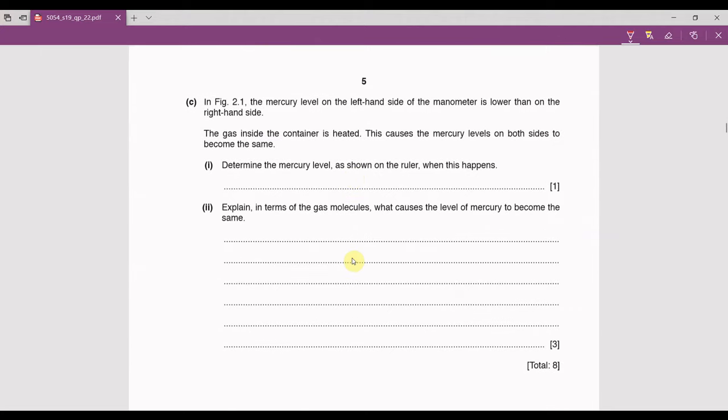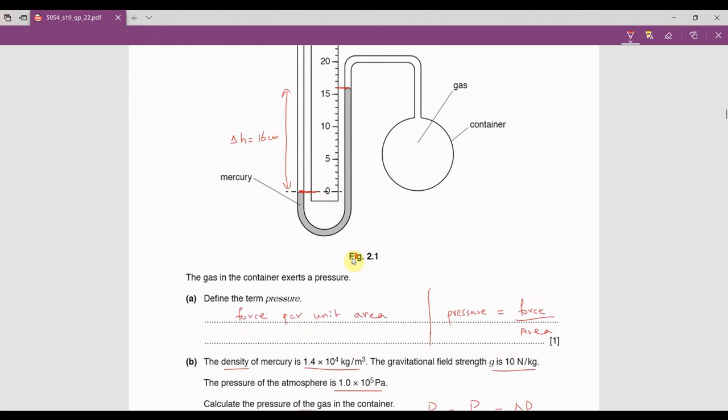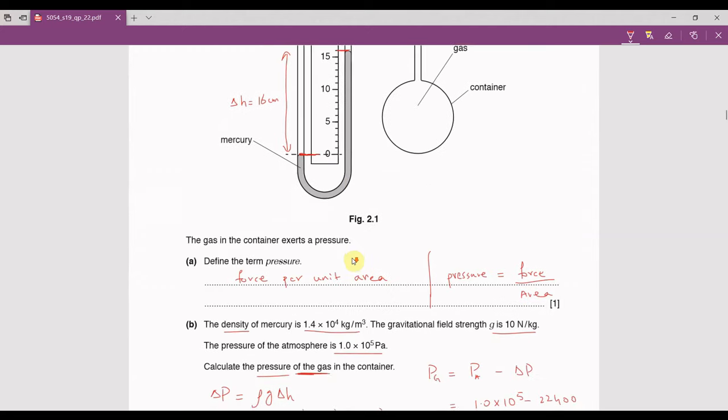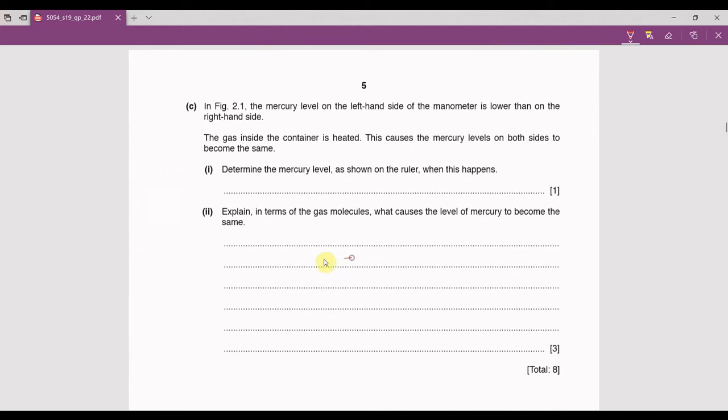Part C. On figure 2.1, the level of mercury on the left hand side is lower than on the right hand side. Obviously we can see that the left hand side is lower than the right hand side of the mercury. The gas inside the container is heated now. So on the right hand side, the gas chamber is heated, which will obviously cause the temperature of the gas to increase.